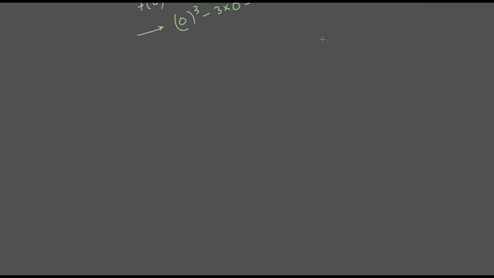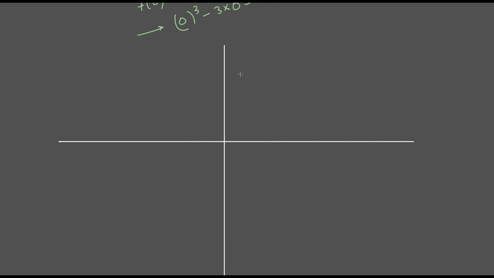So we will plot the graph. To plot a graph we will also draw the negative axis because we get some negative values, like this and this. So y and y dash, x dash and x, like this.